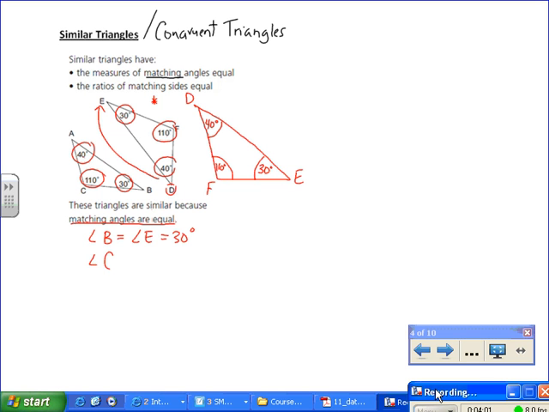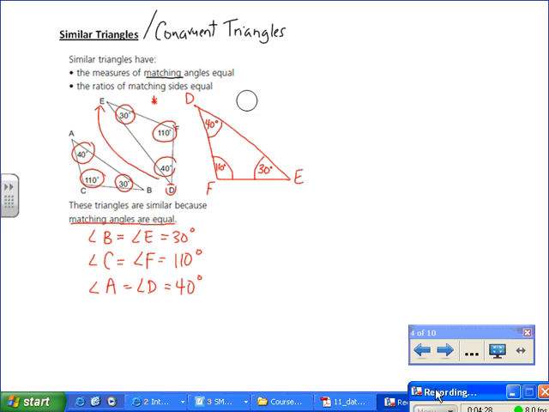Angle C on triangle 1 is equal to angle F on triangle 2 because they both equal 110 degrees. And finally, angle A is equal to angle D because on both those triangles, there's an angle of 40 degrees. So right away, this tells me that these two triangles are similar. I don't even have to rotate the one triangle. I just did that to show you.